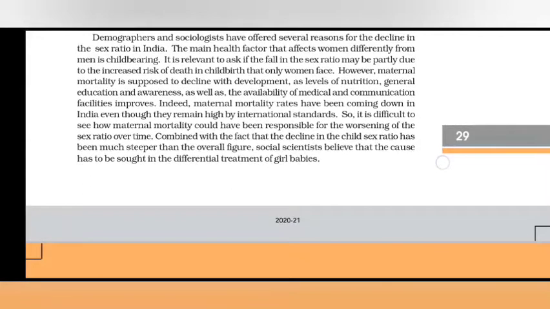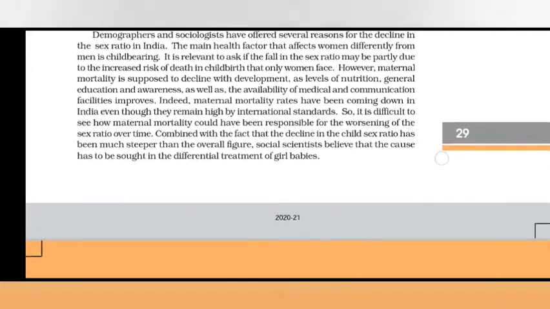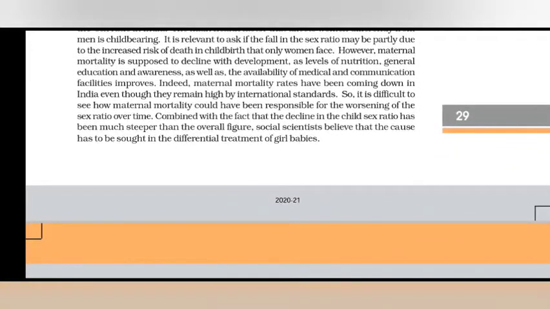However, maternal mortality is supposed to decline with development, as levels of nutrition, general education, and awareness, as well as the availability of medical and communication facilities, improve. Indeed, maternal mortality rates have been coming down in India even though they remain high by international standards. So it is difficult to see how maternal mortality could have been responsible for the worsening of the sex ratio over time.